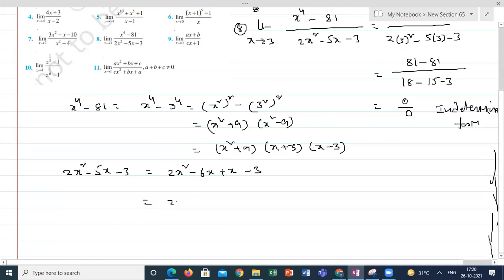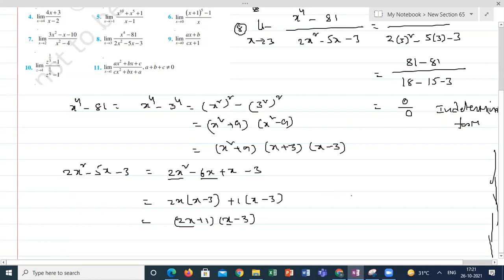If I'm taking 2x common, x minus 3. If I'm taking plus 1 common, x minus 3. So this will be (2x plus 1) into (x minus 3). Check: 2x into x is 2x square, minus 6x plus x minus 3, so 2x square minus 5x minus 3.